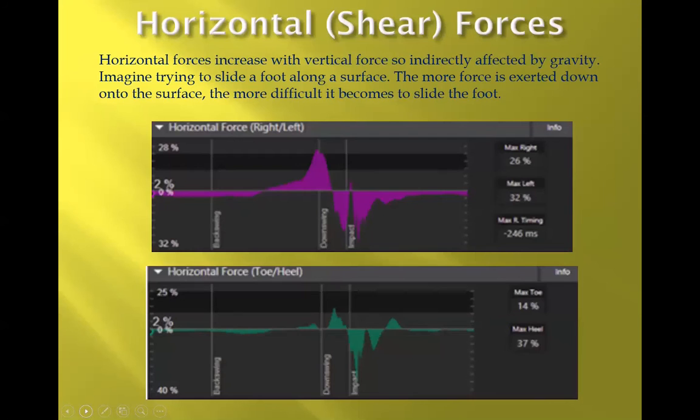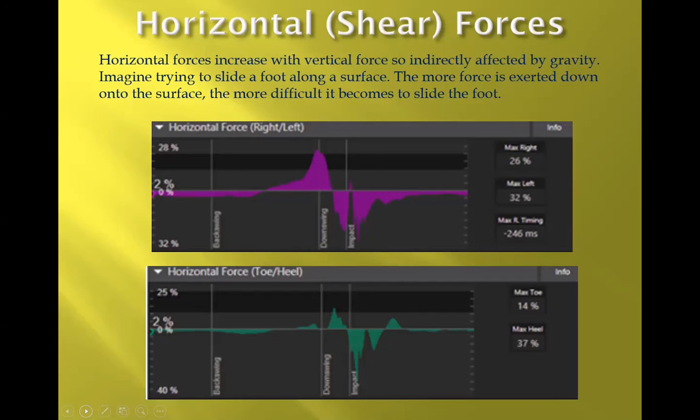The shear forces change likewise depending on the motion that you are engaging in. When you have backswing, your weight is shifting to the back foot. And when you have your downswing, the weight is shifting to the front foot.